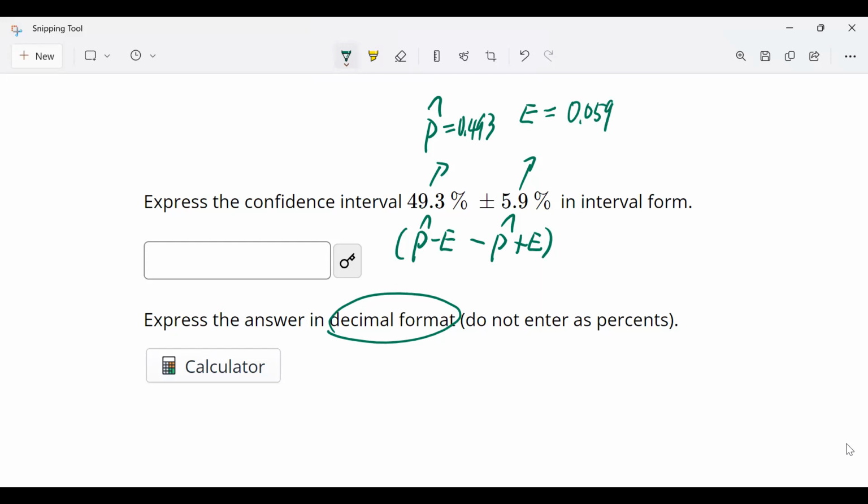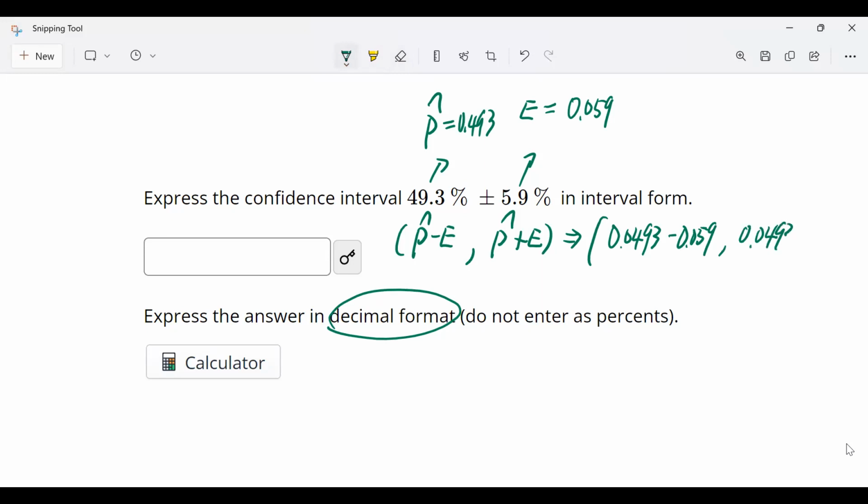Now we just throw it into this interval. It will become p hat 0.493 minus 0.059. That's the lower limit. The upper limit is 0.493 plus 0.059. On the right hand side it's adding.